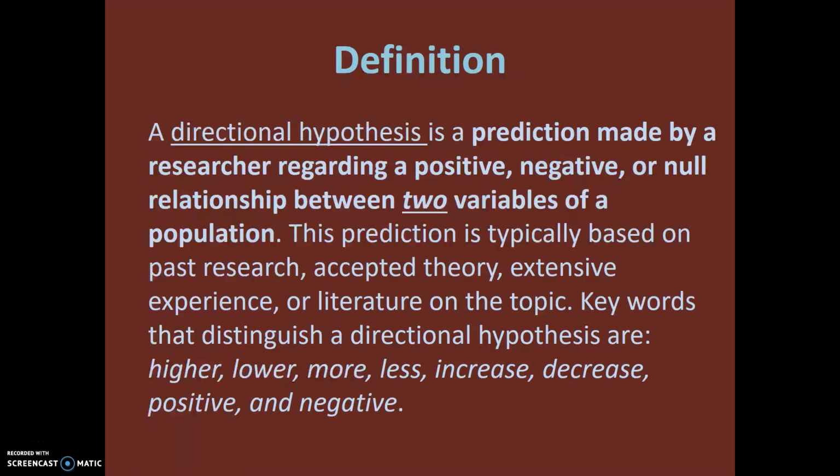The keywords are very important here because they help us understand what direction the relationship of these variables has. So you use buzzwords like higher, lower, increase, decrease, positive, negative, more, less, because you're helping describe the type of direction that these variables are flowing.